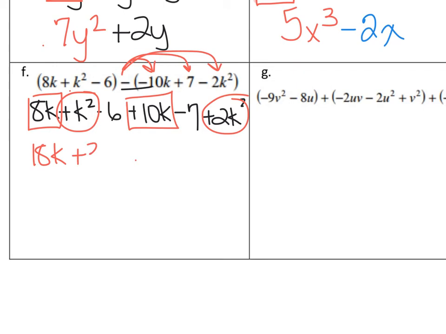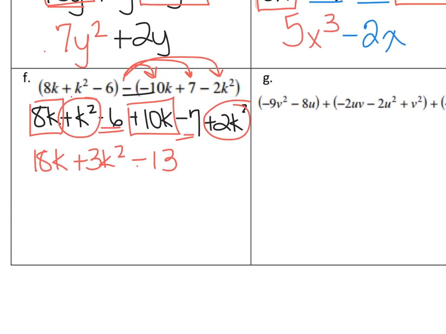That gives me 3k squared. And then a minus 6 and a minus 7 is minus 13. So to put that in standard form, the degree has to be decreasing. So 3k squared plus 18k minus 13. Constants are always last.